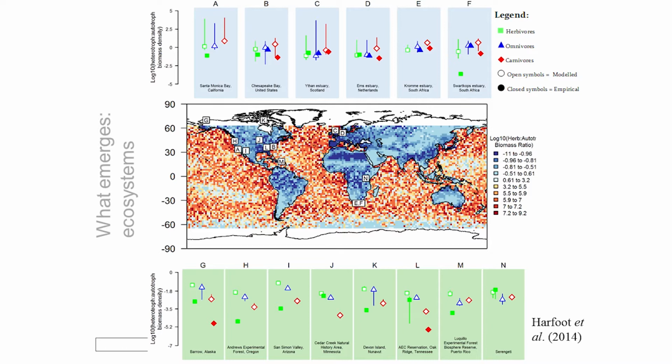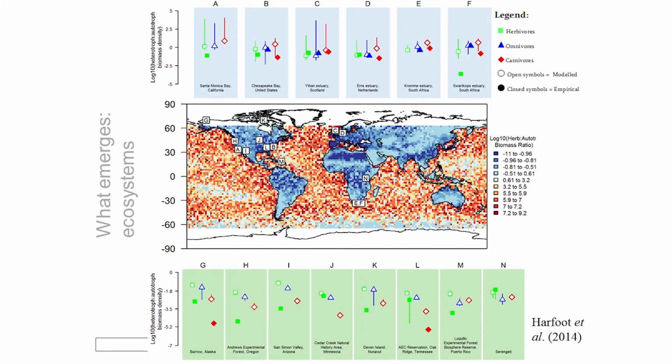And you can see the top row are all marine systems, or I should say coastal systems primarily, and the bottom row are all terrestrial systems. There's an awful lot of stories in here, but my take-home message is that the model does quite well in some places and really badly in other places. For example, if we take the Ythan estuary in Scotland, we see pretty good agreement between the model and the empirical data.